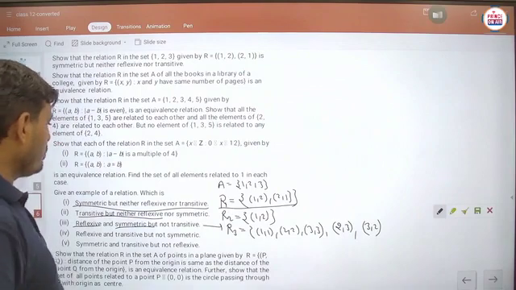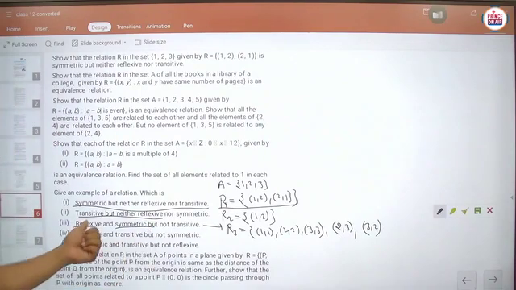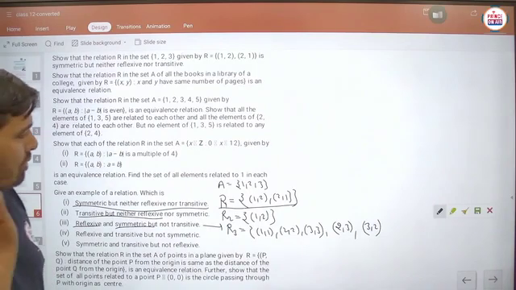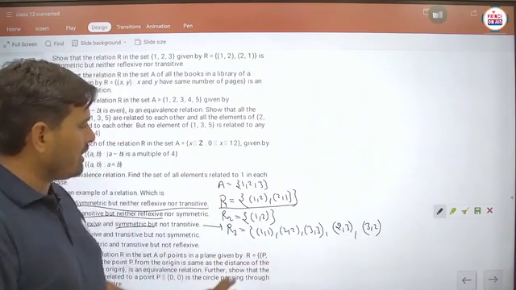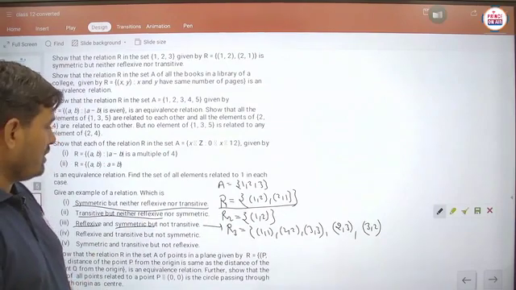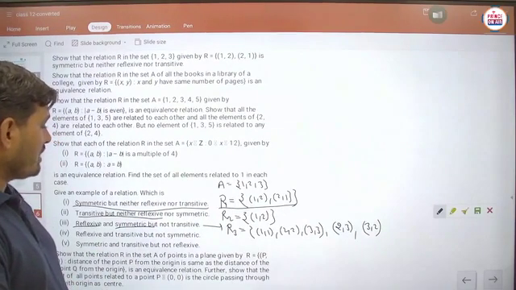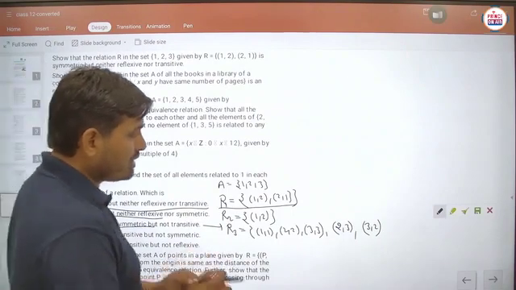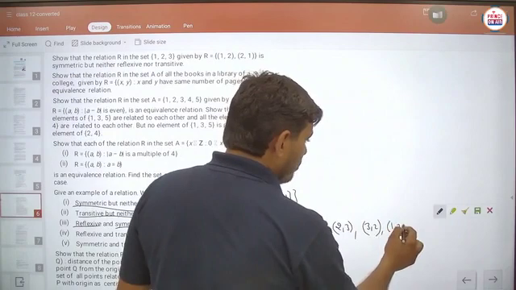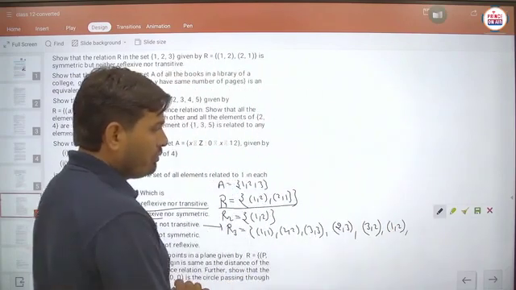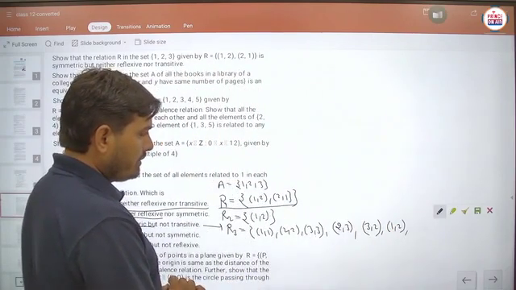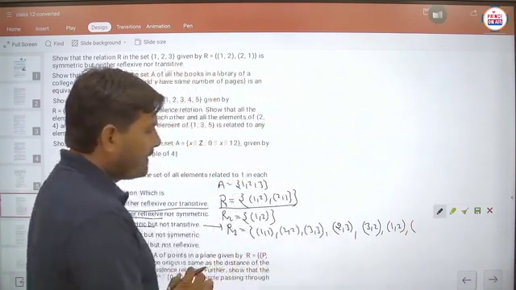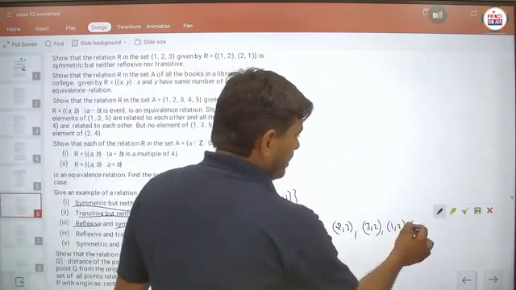But it is not said to be transitive. It is reflexive and symmetric but not transitive. So basically 1 comma 1, 2 comma 2, 3 comma 3, in that case it is said to be an equivalence relation, but we are saying that it is not transitive. Then we have to take some ordered pair 1 comma 2, and if 1 2 is taken, then 2 1 will also be taken.